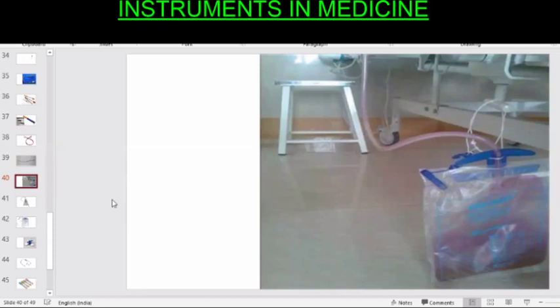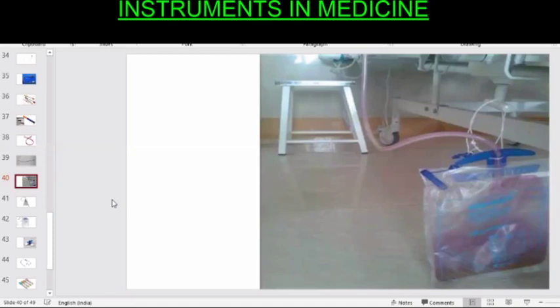Okay, sir, for fluid collection, ascitic fluid tap or pleural fluid tap, or for urine collection, or collection of drainage also. If the patient is having an intra-abdominal drain, then also you can use this Urosac, this fluid collection bag.